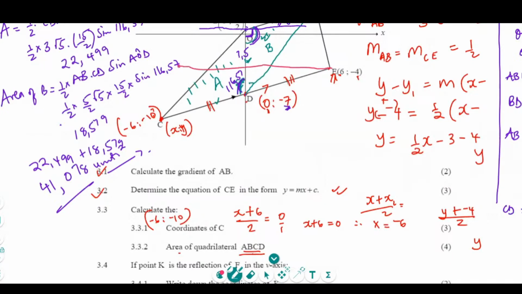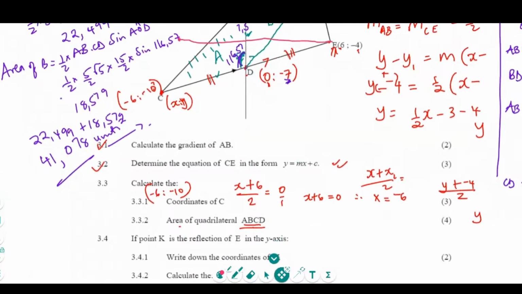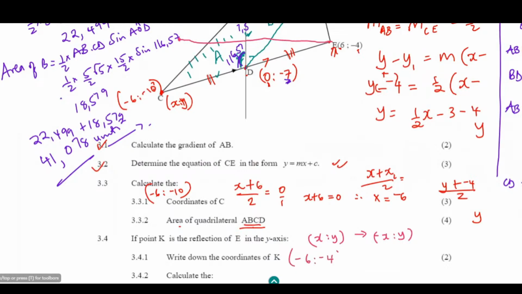The sign of the x changes, but then the y stays the same. Since we know the coordinates of E as 6 and -4, the coordinates of K are going to be -6 and -4. Okay, so I'll just write it somewhere here. That is -6 and -4.